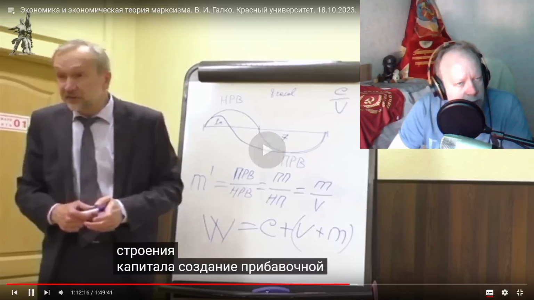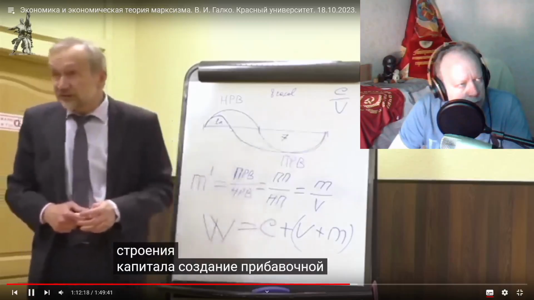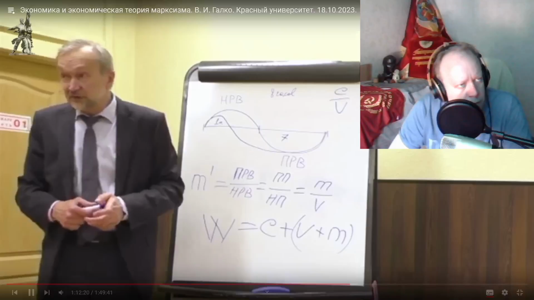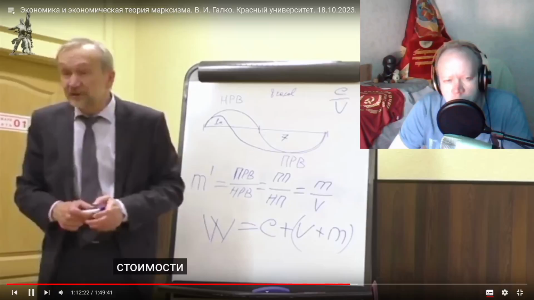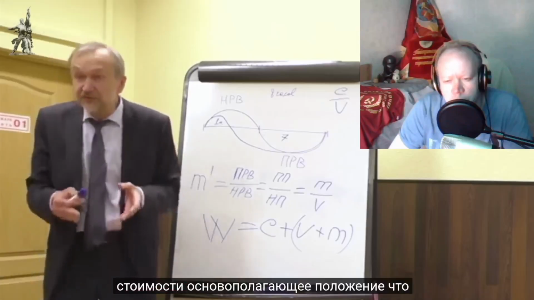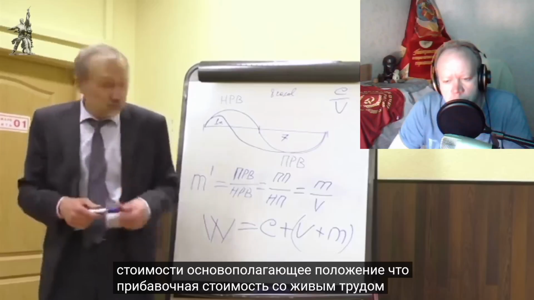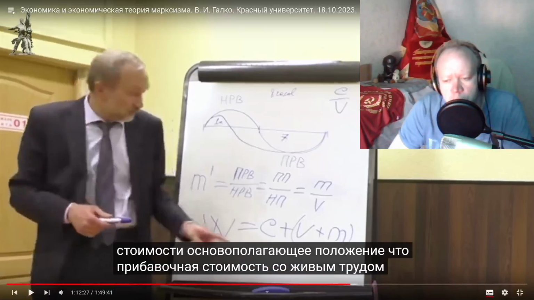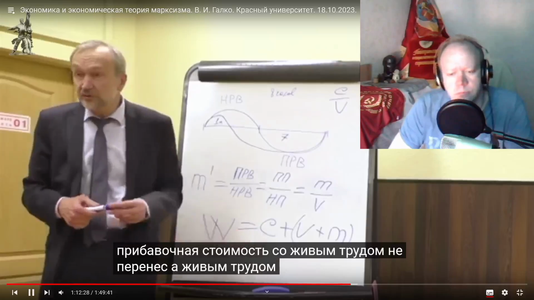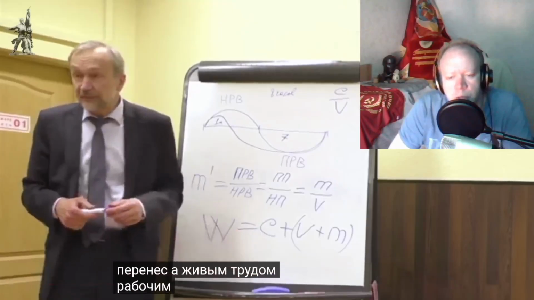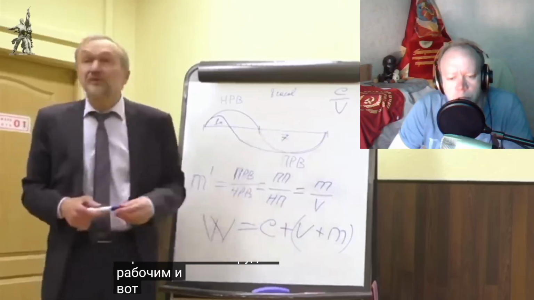doesn't change things theoretically. То есть, повторяю, что вот основополагающее положение, что прибавочная стоимость создается живым трудом. Again, the basic thing here is that the surplus value is created by live labor, не перенесенным, а живым трудом рабочего, not by transferred, but by live labor of a worker.